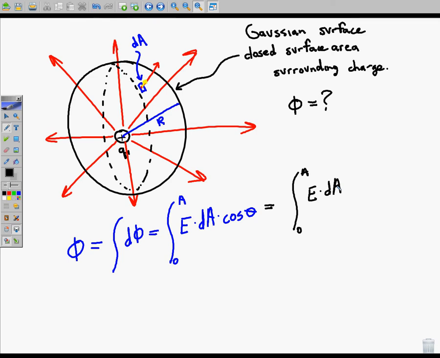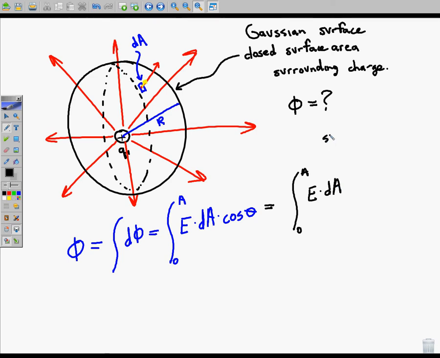But since it's a sphere, what do we know about the strength of the electric field everywhere around there? It's equal, yes? It's always going to be the same strength. So guess what we could do? What can we do with constants in an integral? We could take it out, because E is going to be the same on every single space of the surface.